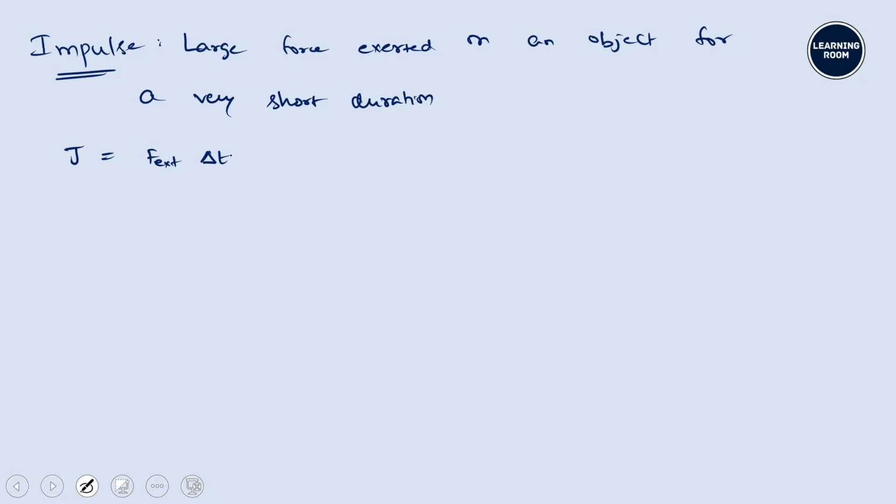Now, if I have to write this J for an instantaneous value, then I write it as the integral of F external into dt, where the time interval is very small. So I can write it like this. Are you able to understand? The definition: large force exerted on an object for a short duration. Force into time is what it is.